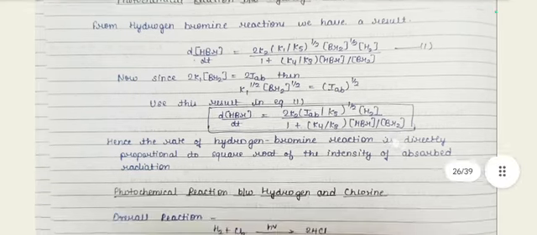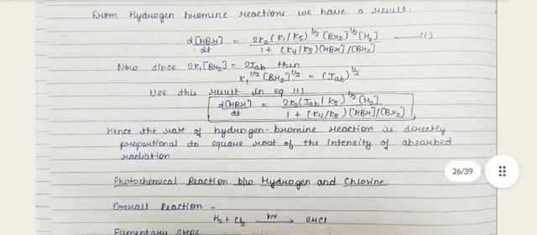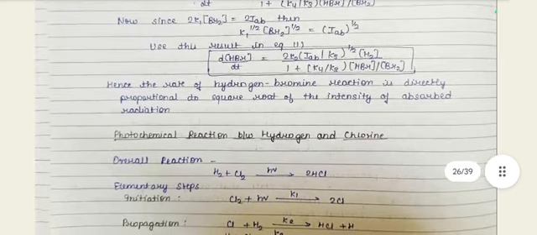Use this result in equation 1: d[HBr]/dt = 2k2 (I_abs/k5)^(1/2) [H2] / (1 + (k4/k3)[HBr]/[Br2]). Hence, the rate of the hydrogen-bromine reaction is directly proportional to the square root of the intensity of absorbed radiation.